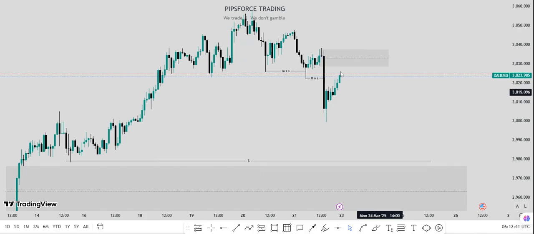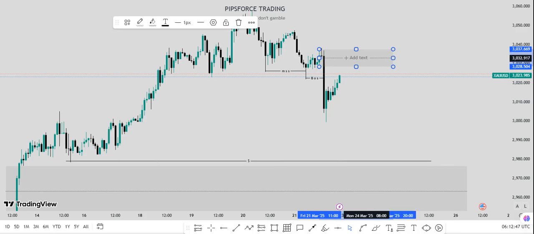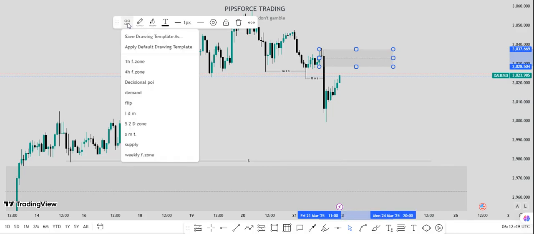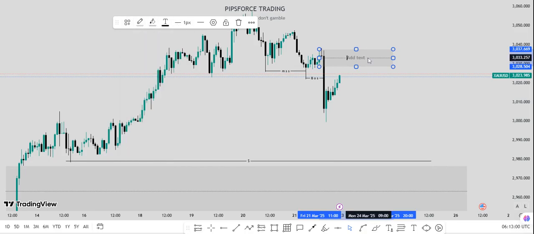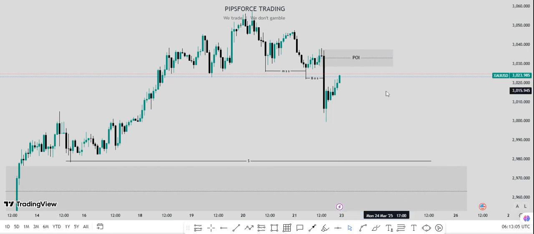So we're using this order block as our institutional reference point. Now this zone here is our point of interest, or our zone of entrance. This is now our point of interest, where we are expecting price to trade into.